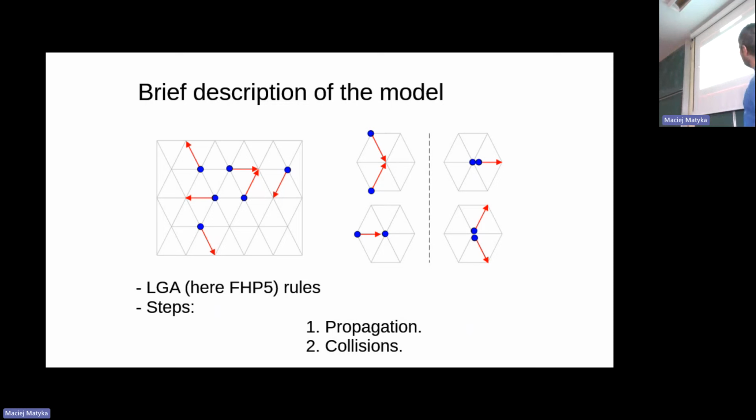The model is very simple. You have particles on hexagonal grids. So you have a grid of these elements, and so how to create such a grid? You basically take a normal regular grid and you move by half each of the, let's say, even rows. Yeah, you move by half, and then you get the proper hexagonal grid.